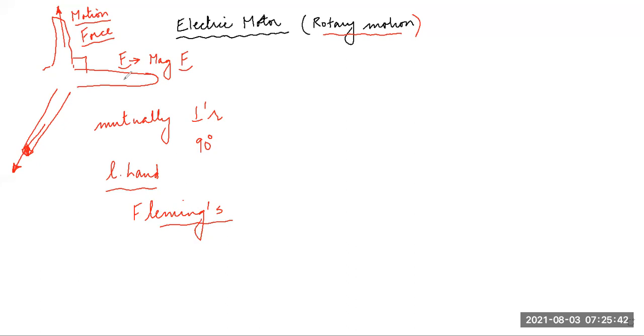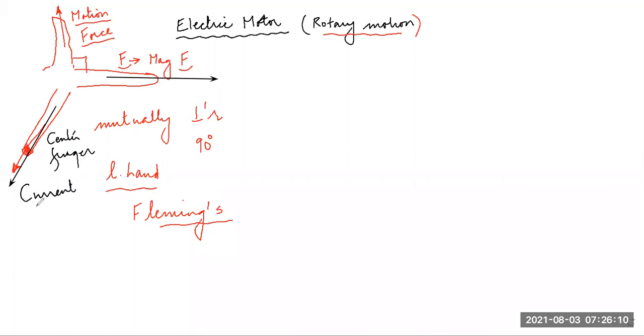So students, if magnetic field is in this direction, what is the direction shown by the middle finger? Middle finger, you can say as center finger. So students, C for center and C for current.